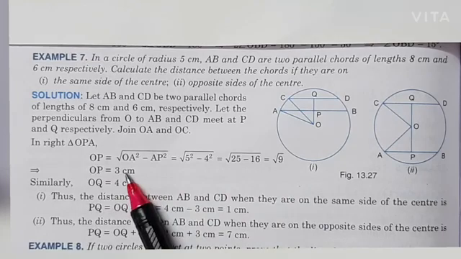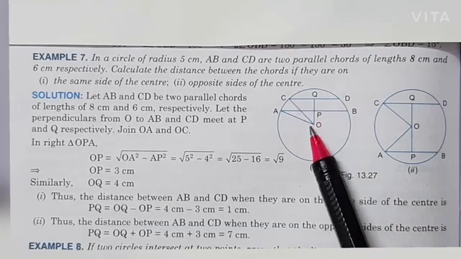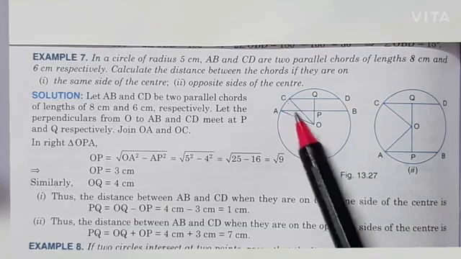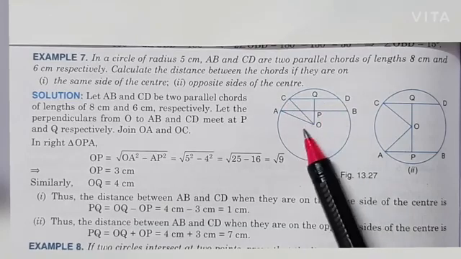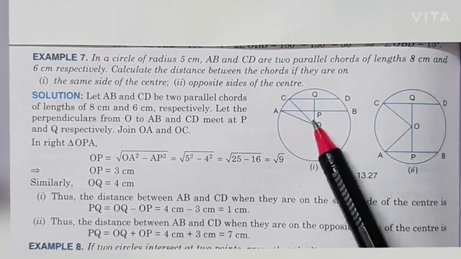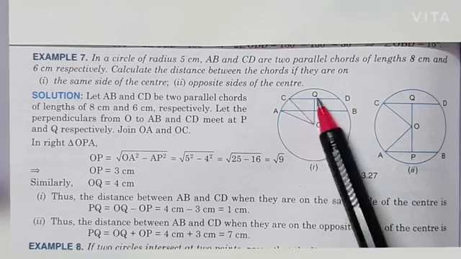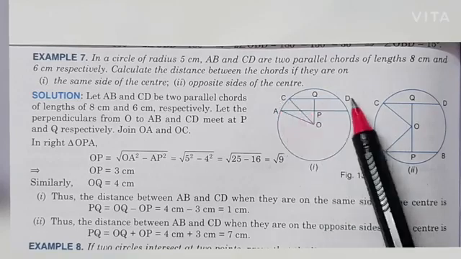Clear? Now similarly, let us apply Pythagoras theorem in triangle OQC. Now you can see in triangle OQC, OC is again the radius, which is 5 centimeter, and CQ is half of CD.